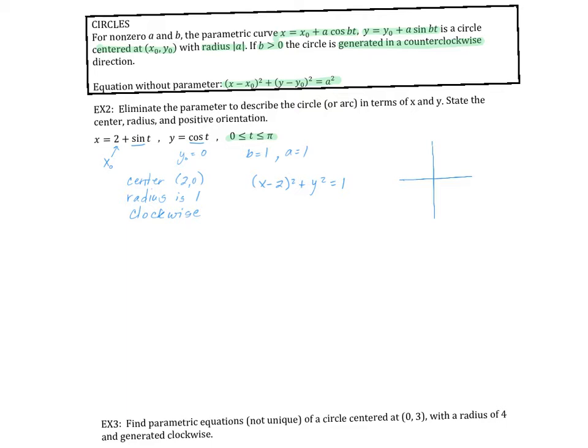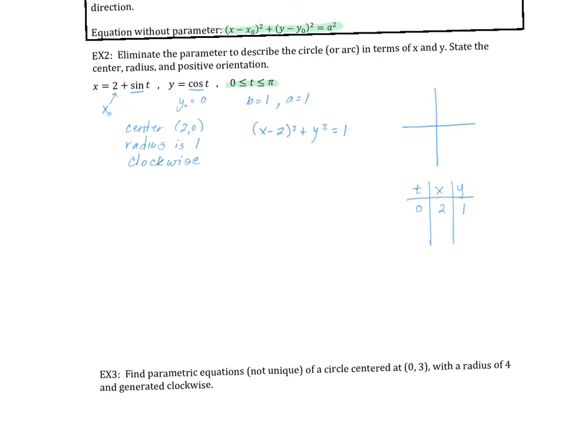And maybe I would like to make just a short table of values where we have our t values, corresponding x values and y values. Again, this is if you're doing it by hand. So we started at t equal to 0, which gave us an x value of 2 and a y value of 1. So I'm going to go 1, 2, and 1.